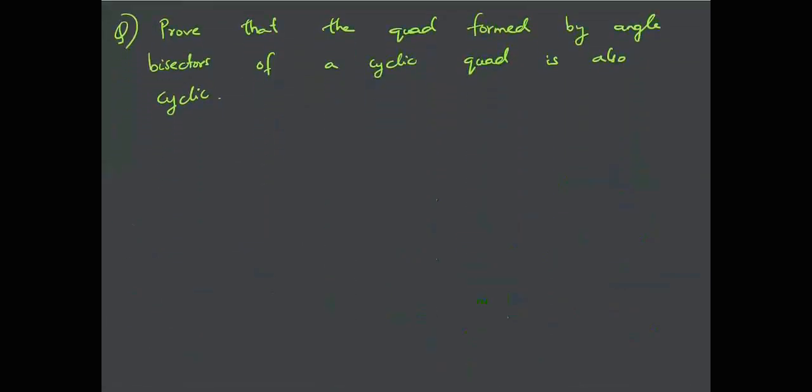Do this one. Prove that the quadrilateral formed by angle bisectors of a cyclic quadrilateral is also cyclic. So there is a cyclic quadrilateral, say ABCD.